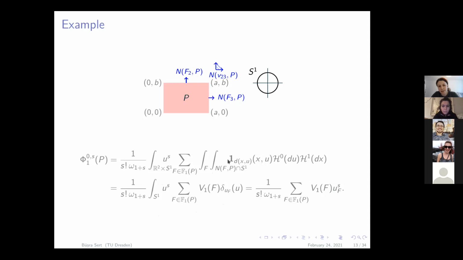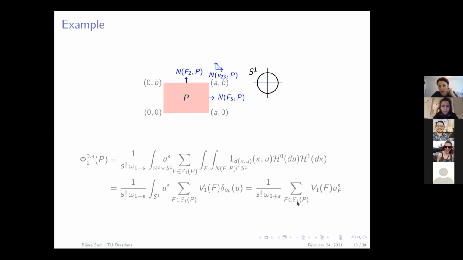And here the indicator function just provides the conditions we want: that we want this facet we consider to be in the area we chose, and also we want the intersection of the normals with the sphere to be in the area we chose. So in this case, we can actually express the Minkowski tensor like that here.